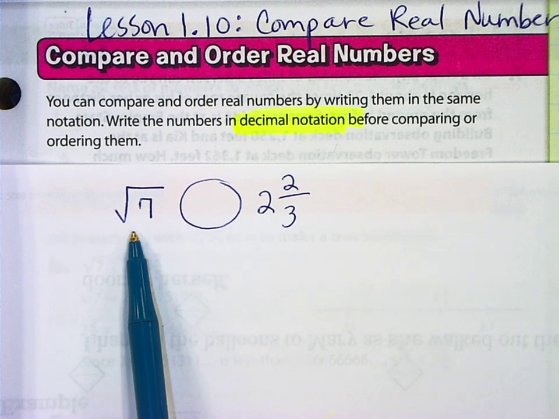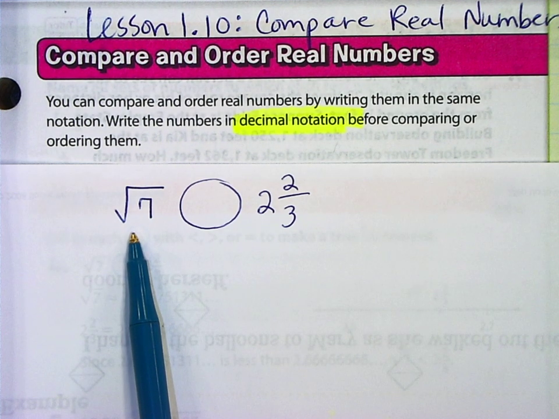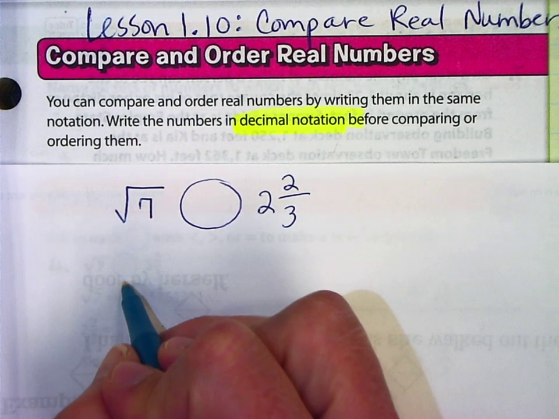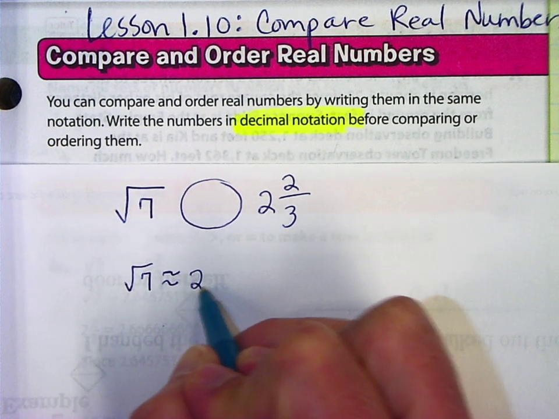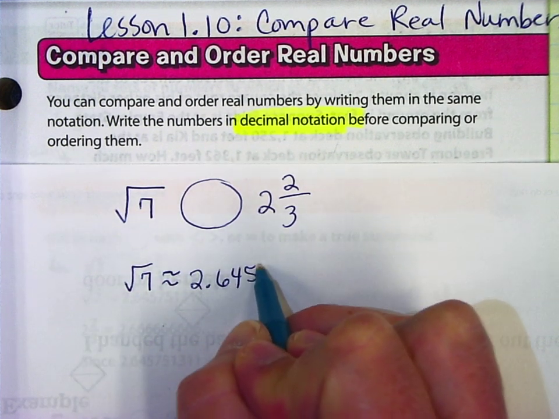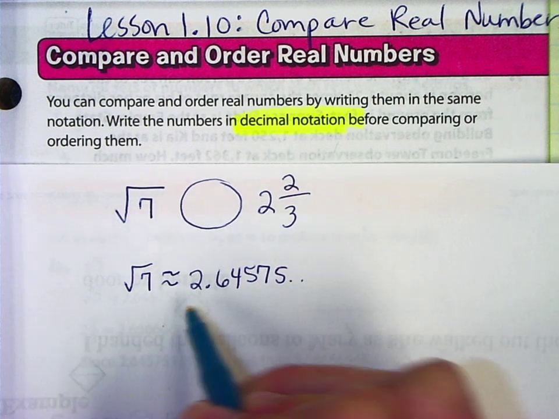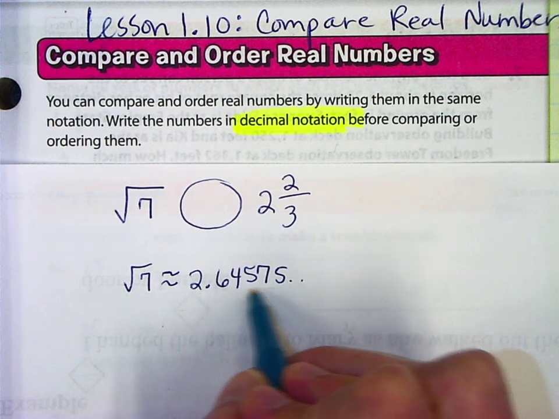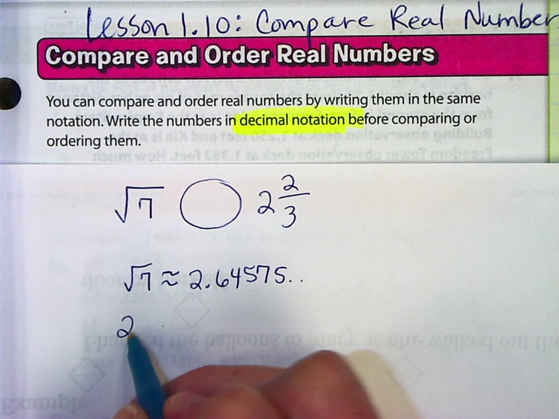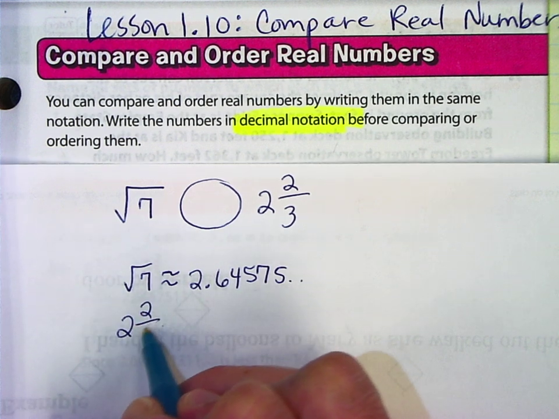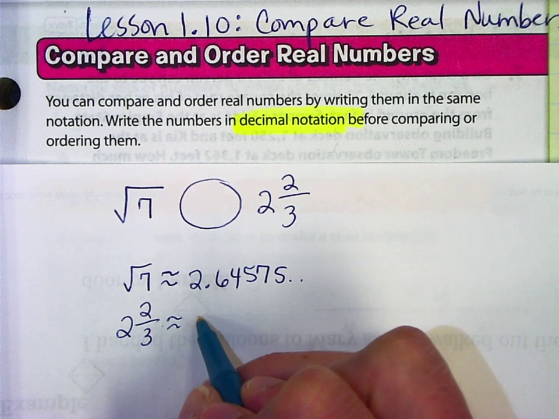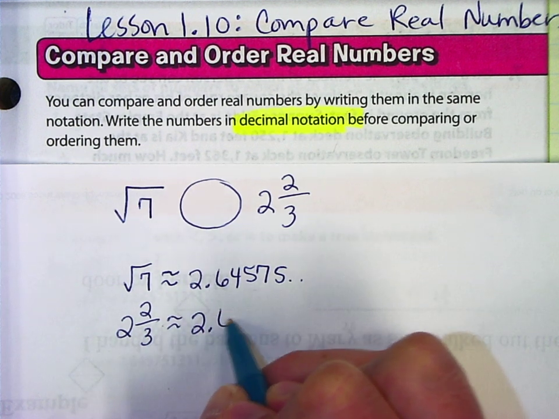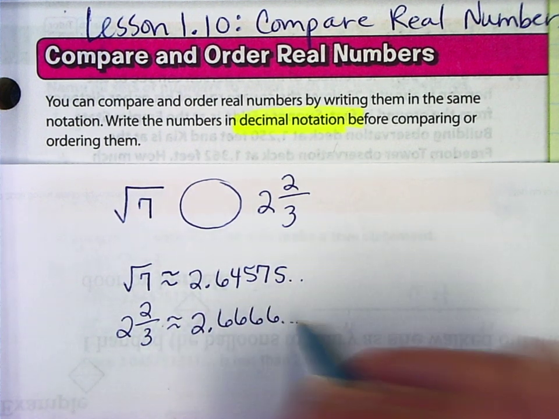So grab your calculator. If you find the square root of 7 on your calculator, it's about equal to 2.64575, and you can round that off. And then if you change this into an improper fraction or divide, you will get 2.6666, and then that keeps going.